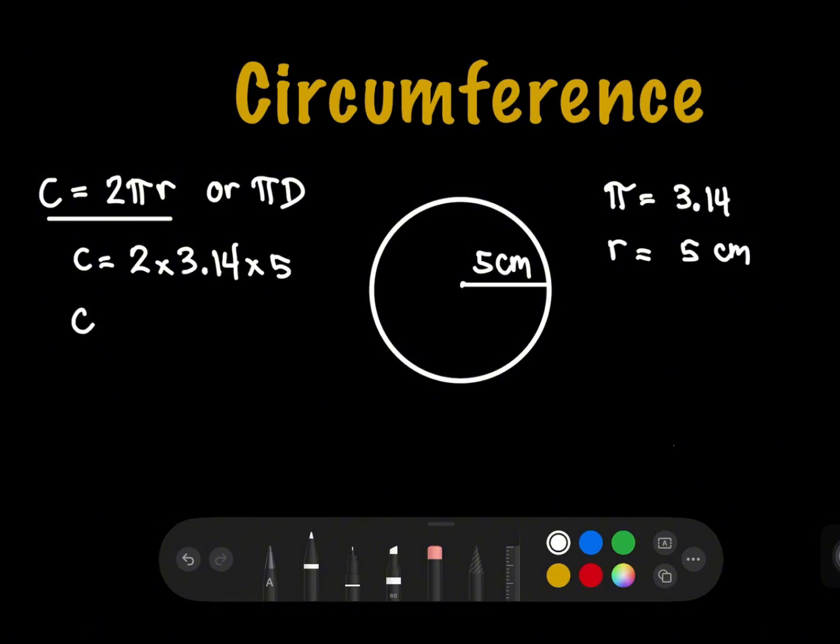And then C is equal to 2 times 3.14 times 5, which is equal to 31.4 cm. And that is the circumference of this given circle.